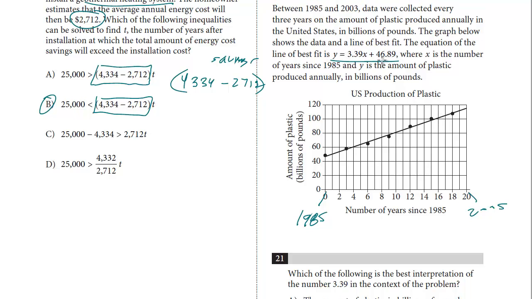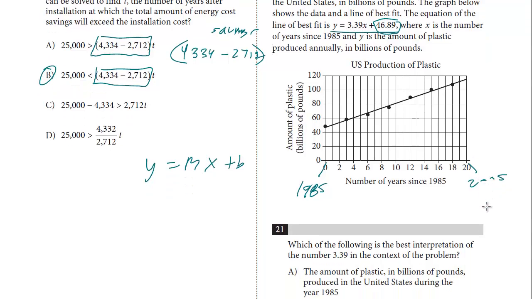They're giving us a linear equation, and even though it's set to a real situation, if you understand these linear equations, we know the y-intercept would be at 0. At 1985, this was the amount, 46.89. But then we have 3.39 times x. This is the slope, right? Y equals mx plus b. 3.39 is the slope. That's the annual increase.